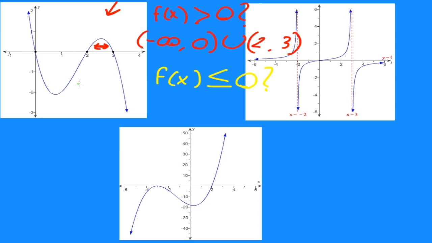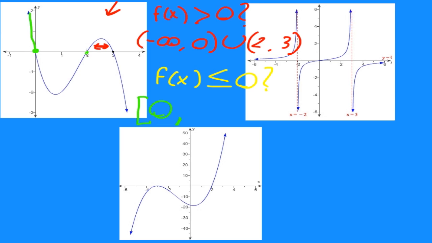And we have to check the endpoints for the brackets, right? So, is this 0 an endpoint? Yes, it is, because that's where this line ends. It ends right here at 0. So, bracket 0, it goes to 2.